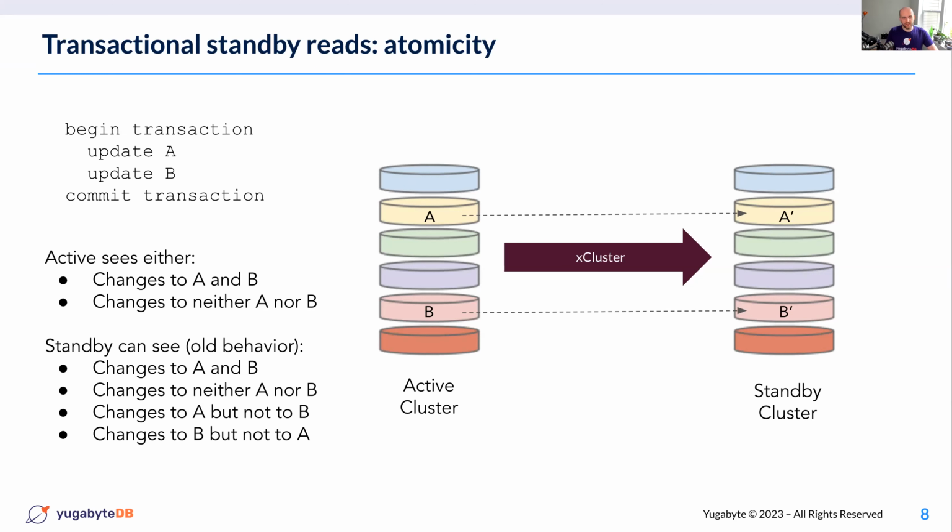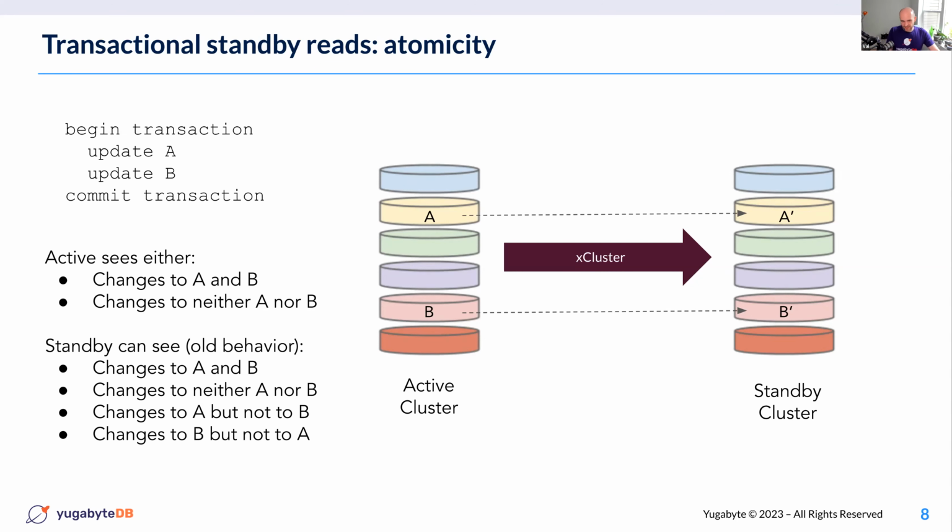The standby can actually see only one of them, because the standby cluster will essentially ignore the transactional borders of that transaction. So it's possible that you would see only update A or only update B. This is the old behavior prior to 2.17.